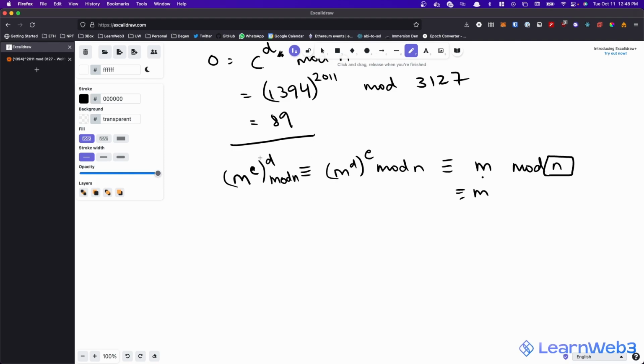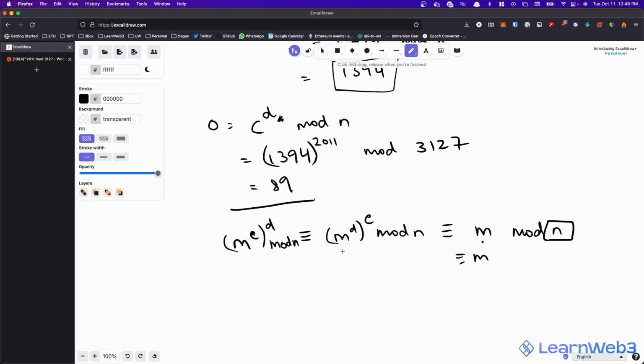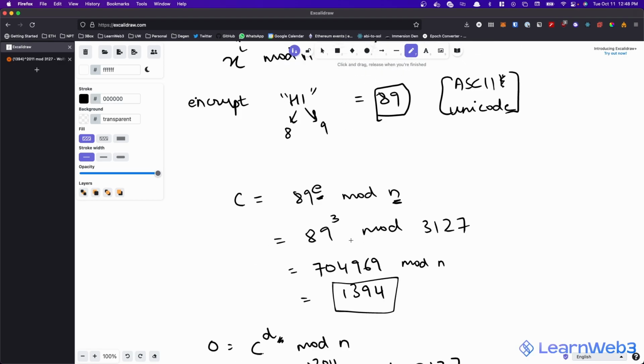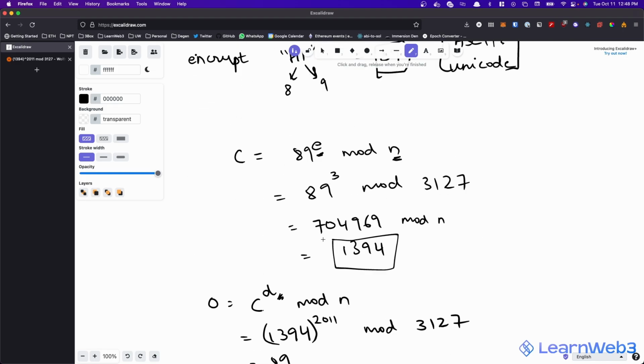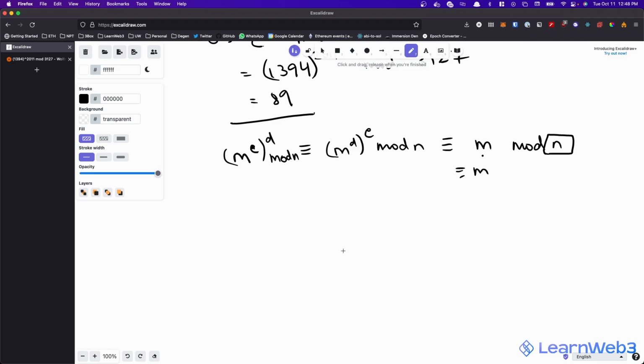So how does this property actually happen? Again, I was talking about Euler's Theorem. I said that x to the power i mod n will eventually be equal to x as i keeps increasing. So what we're saying over here is m to the power of dE mod n will eventually be equal to m itself.